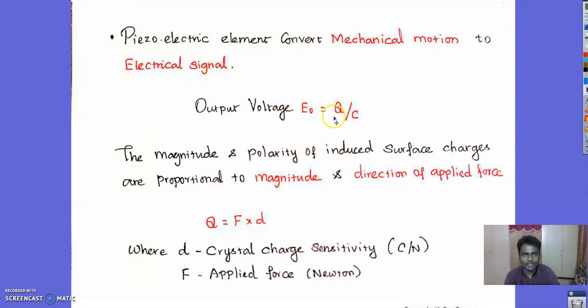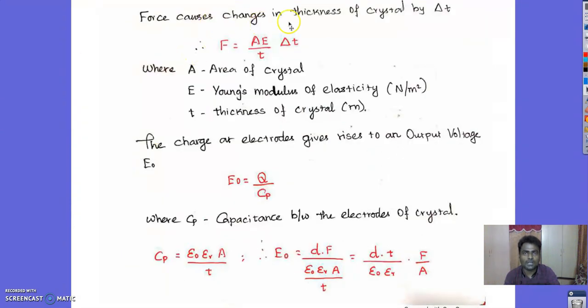We know the formula E0 is equal to Q by C, and this Q is the product of the applied force and the crystal charge sensitivity. That is what D denotes, your sensitivity. So the product of sensitivity as well as force will give the value of Q, and this force causes changes in the thickness of the crystal.